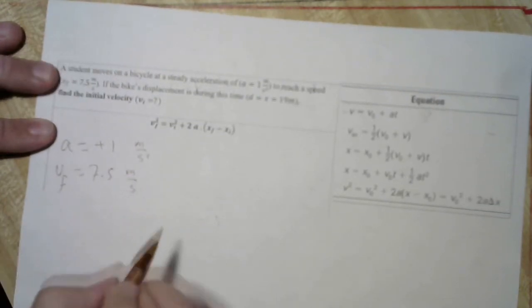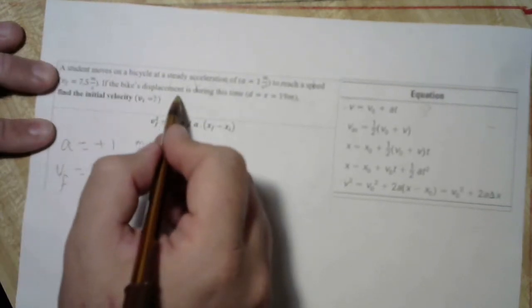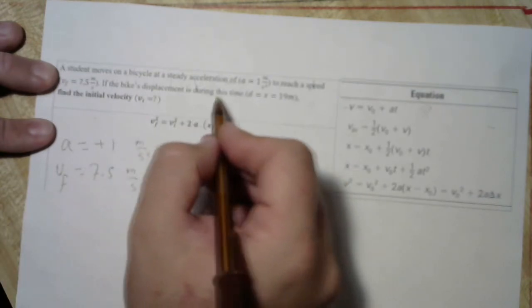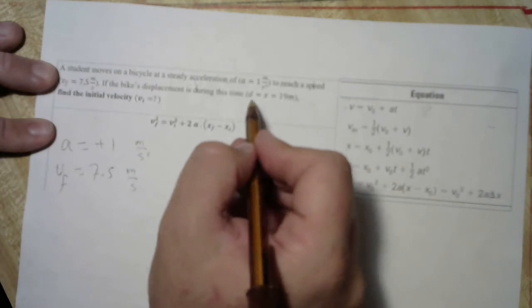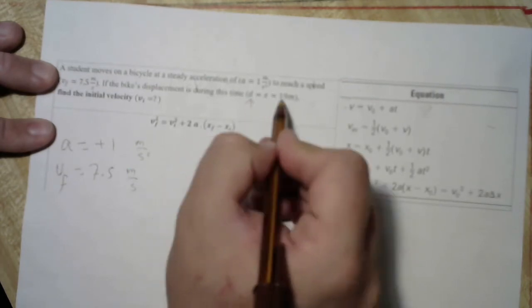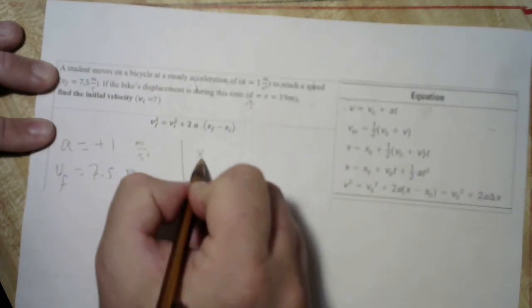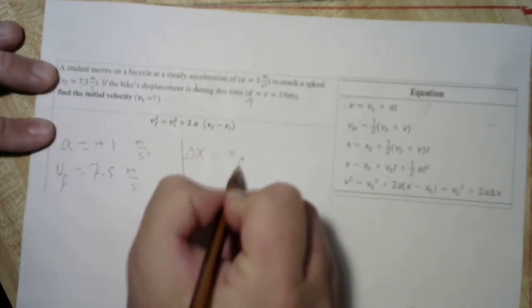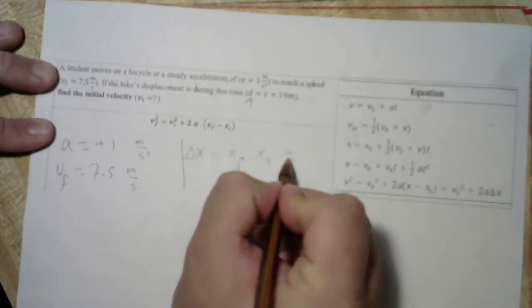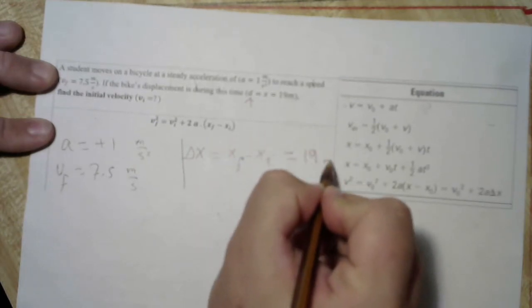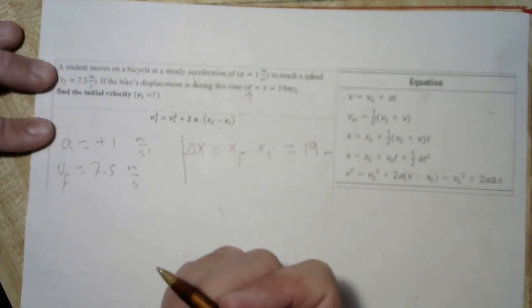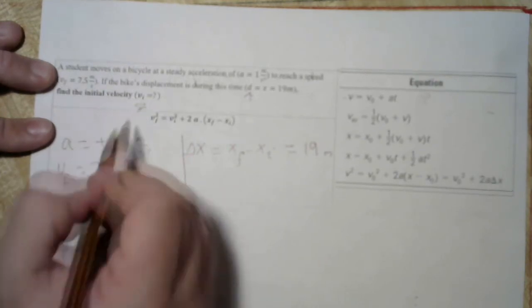Okay, if the bike displacement during this time is d, which is displacement, so delta x, which is equal to x final minus x initial, is equal to 19 meters. I need to find the initial velocity.